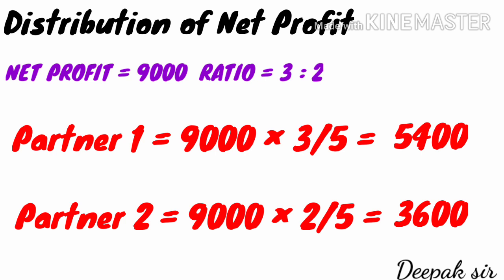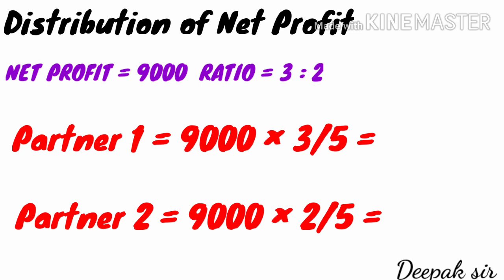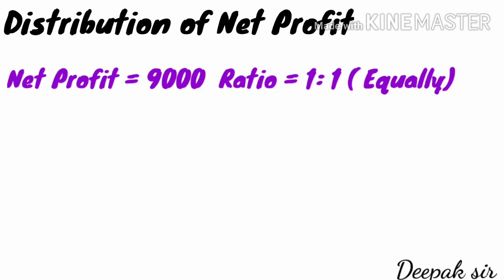Now there may be few problems in which the ratio will not be given. So in the absence of ratio, what we have to do, the net profit we have to divide to both the partners equally, assuming that the net profit is 9,000.